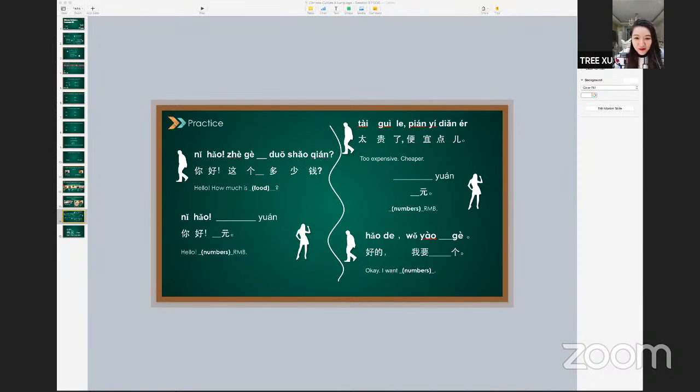Okay. 太棒了。Where did you learn this word? I want to know. I'm curious. The classes in my other school for Mandarin, so I already know a few things. 太贵了，便宜点儿. Oh, when you say the R, this is just at the end, 便宜点儿. So you don't have to read like one by one, like 太贵了，便宜点儿.